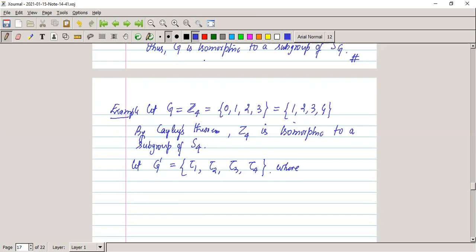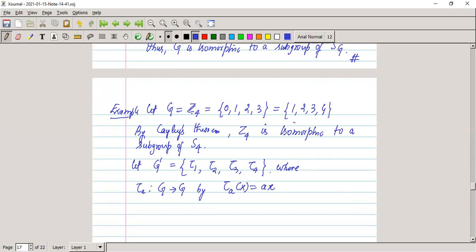from the definition in the proof of Cayley's theorem, we know how we have to define these tau a's on G, where tau a is a mapping from G into G by tau a of x is equal to a x.